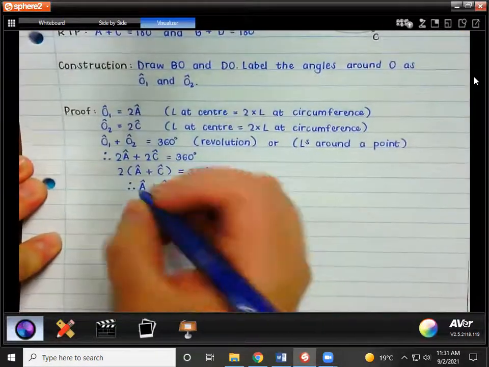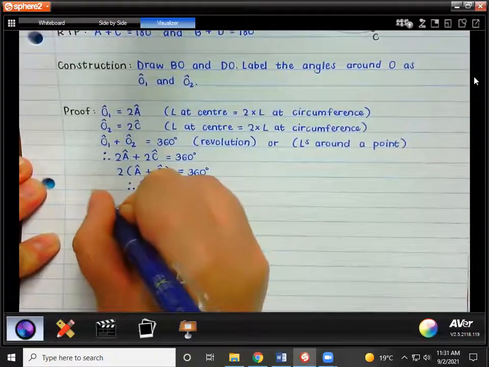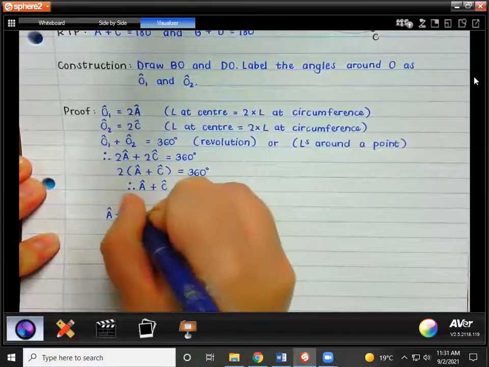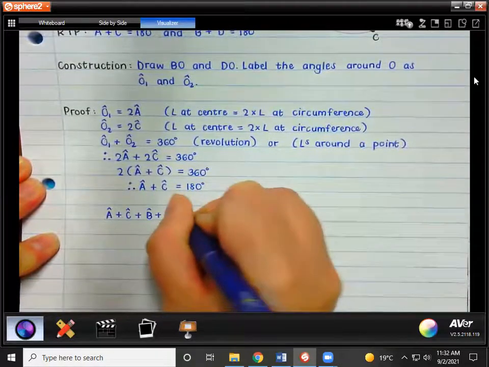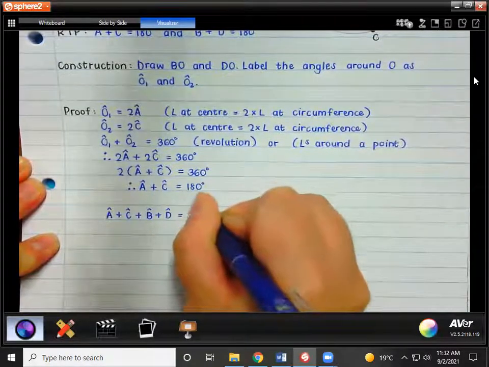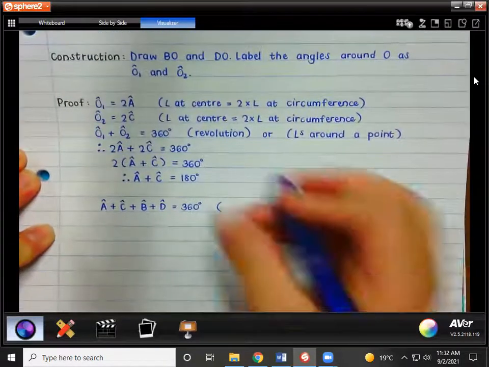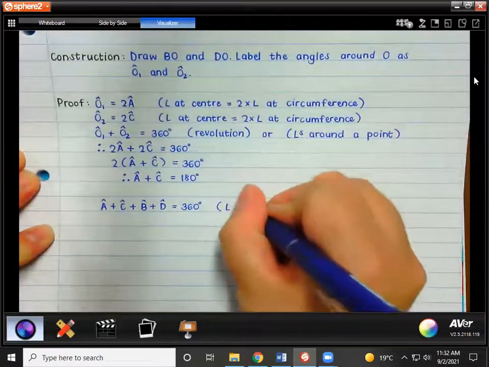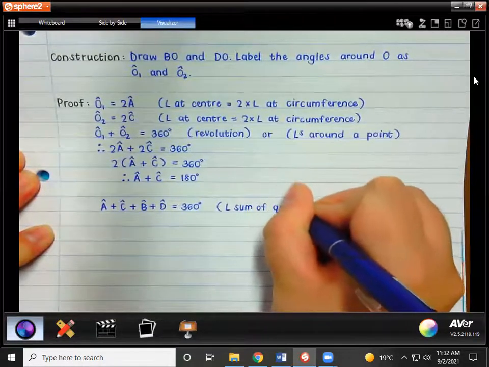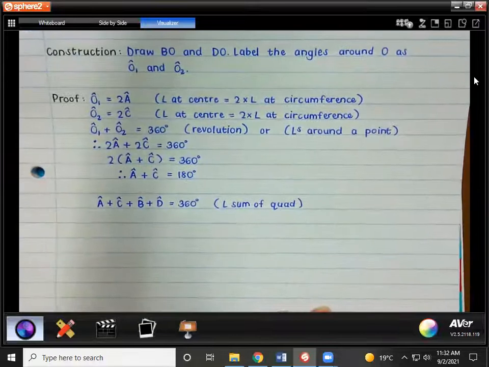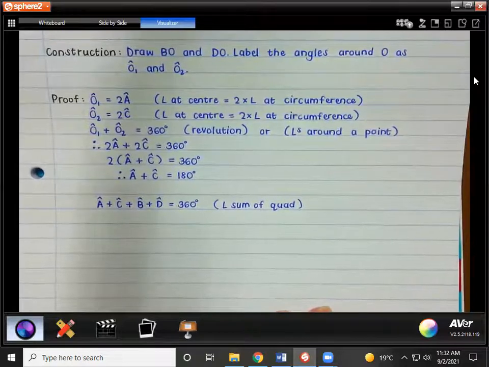Okay, so that's going to be the last thing. So you just need to write A, and I'm going to write it in a specific order now. So A plus C plus B plus D should also equal 360 degrees. And the reason for this is angle sum of quad. Don't get confused and say angle sum of triangle. You could say angle sum in quad, angle sum of quad, doesn't really matter.